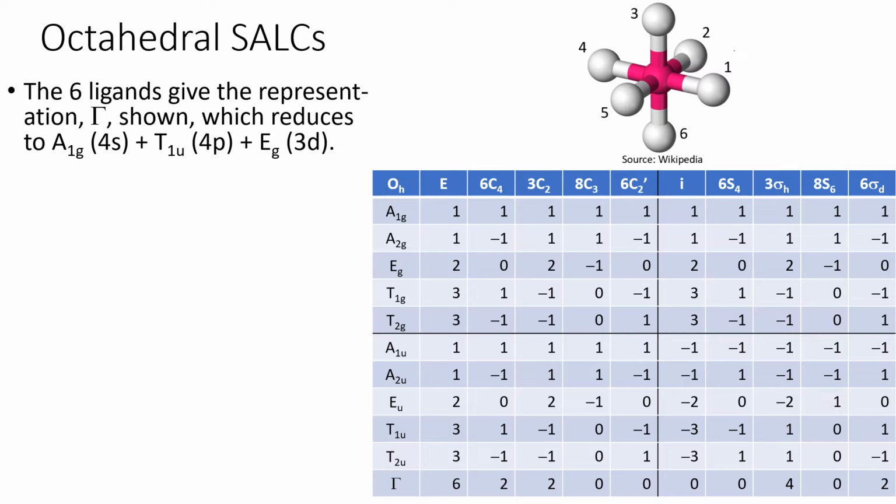You can see, for example, the character for the identity operation is 6, and this is because we've got 6 ligands as our basis. They all stay put, so they all contribute 1 to give 6. And we can work out all these other characters.